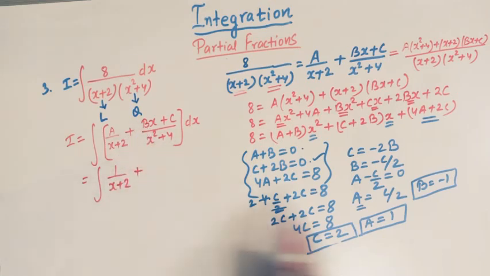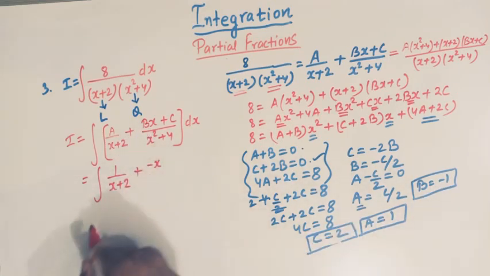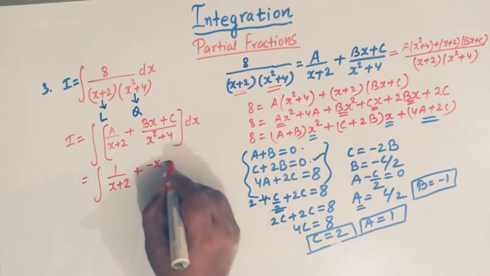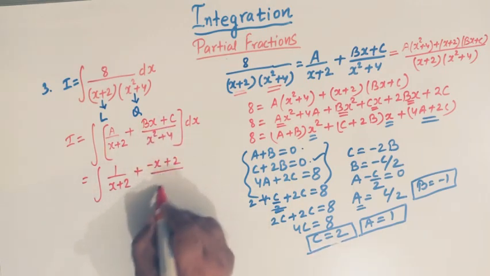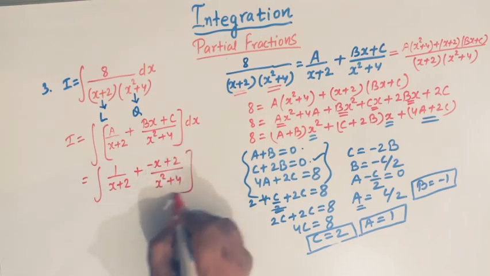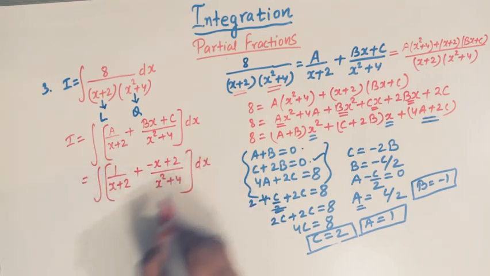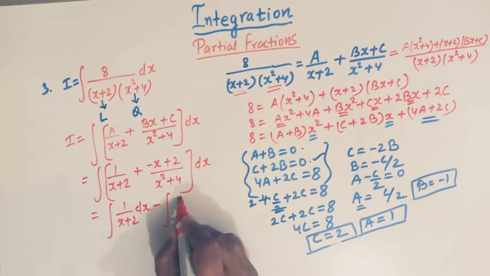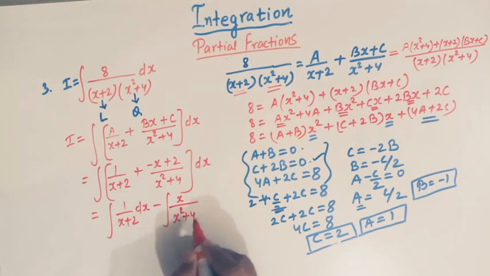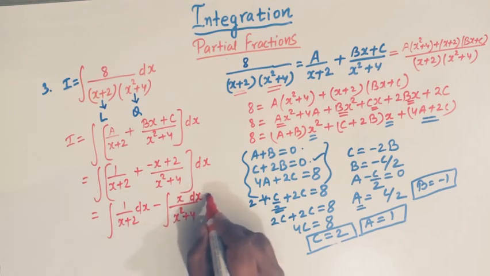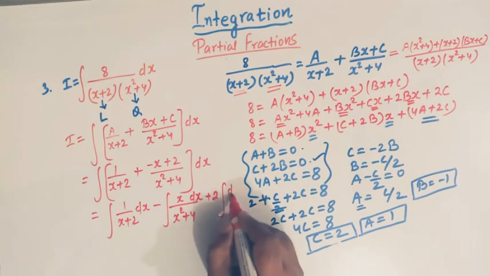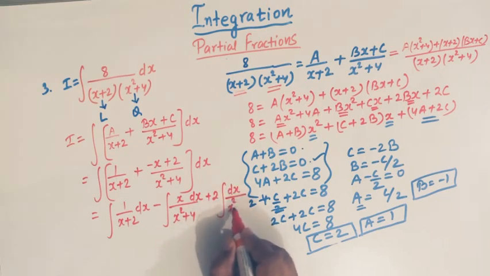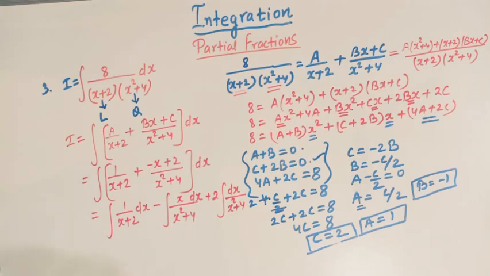Then for B we have minus x, and for C we have 2, over x square plus 4, dx, right? Now separating the terms, we have the integral of 1 over x plus 2 dx, then minus the integral of x over x square plus 4 dx, and then 2 times the integral of dx over x square plus 4, right?